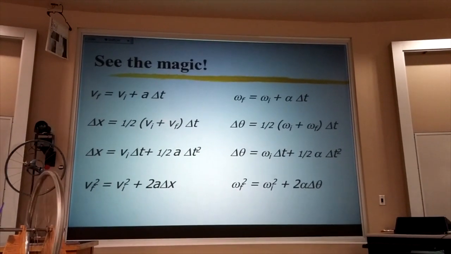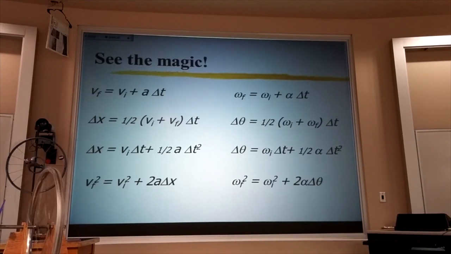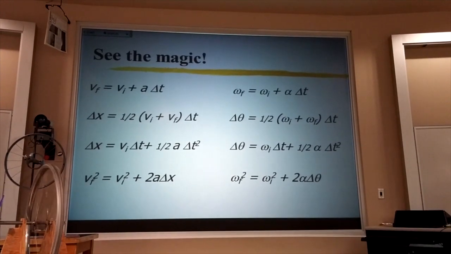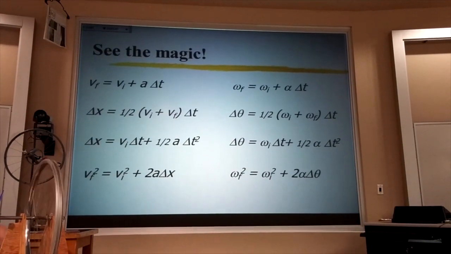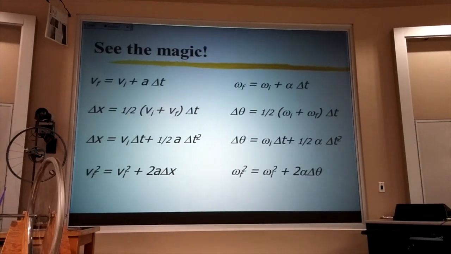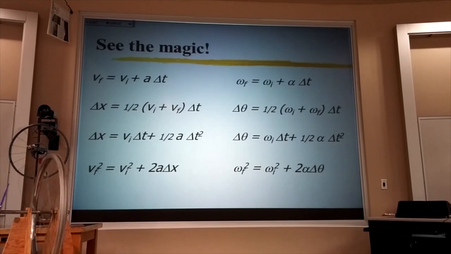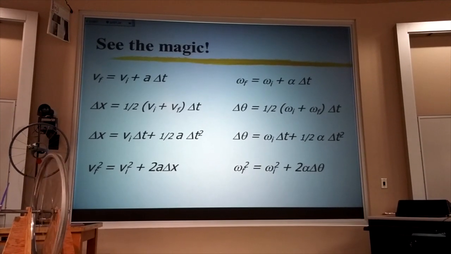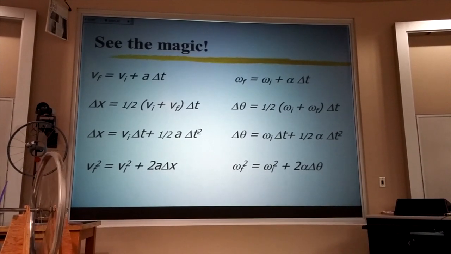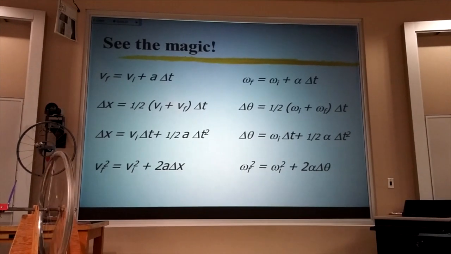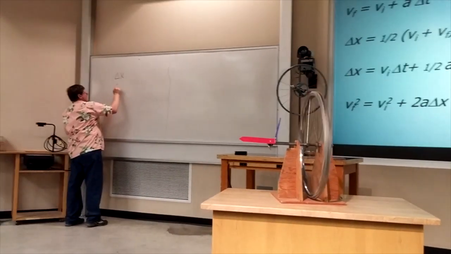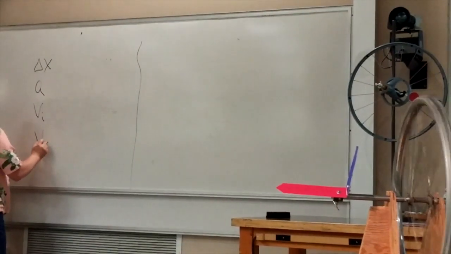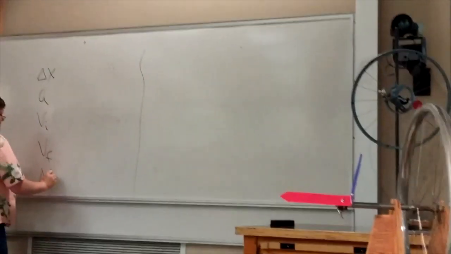Now, we solve linear kinematic equations by making a list. We make a list of the 5 players, and that list always looks the same. We've got delta x, we've got a, we've got v initial, v final, and delta t.